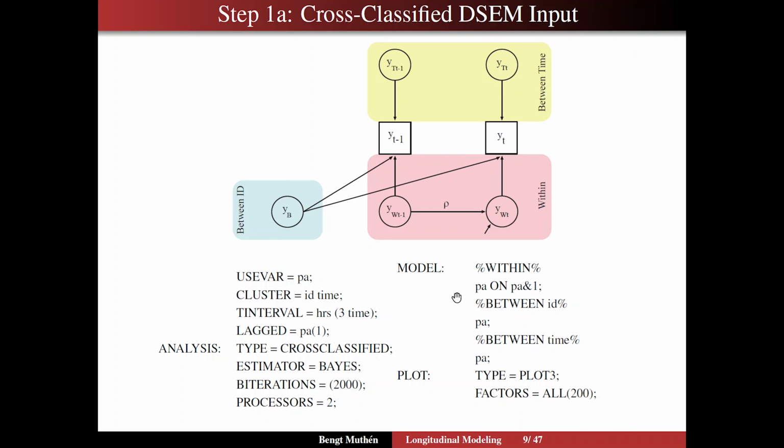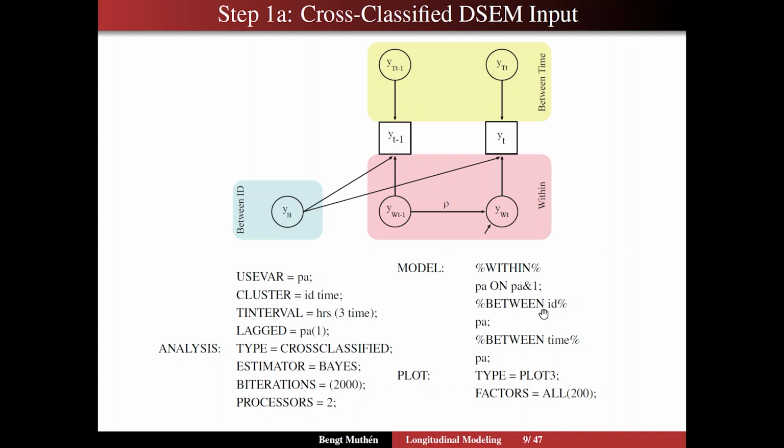So on the within level, we regress PA onto itself at the previous time point. This means that &1 means lag 1. So that corresponds to the specification over here. So that's a linear regression with an autoregressive coefficient that I call rho here.